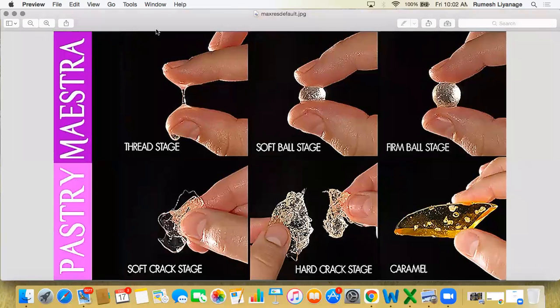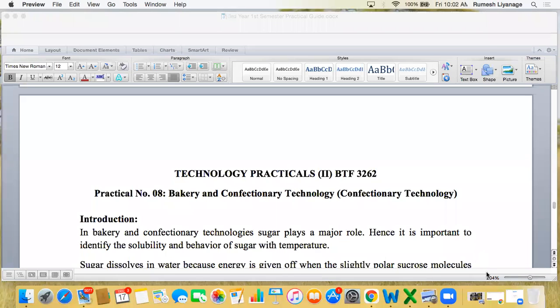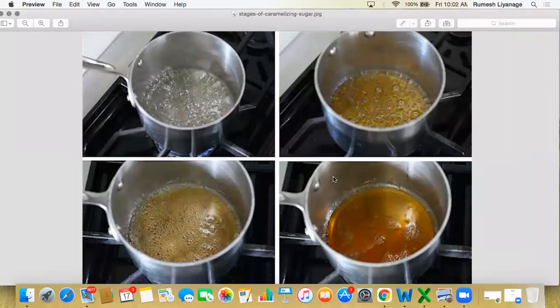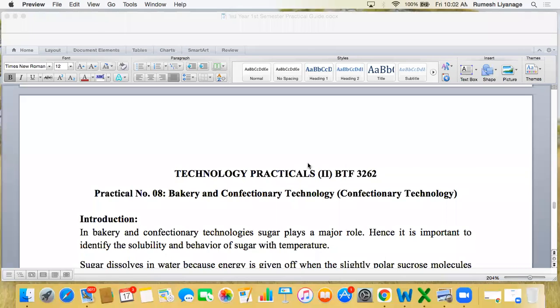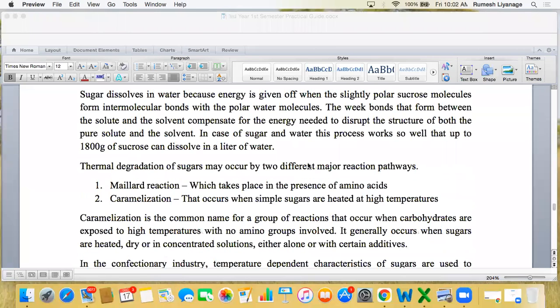You have this experience, right? And you will get different colors. So please take photographs, and please maintain the temperature and time strictly. Then you can get different results, right?